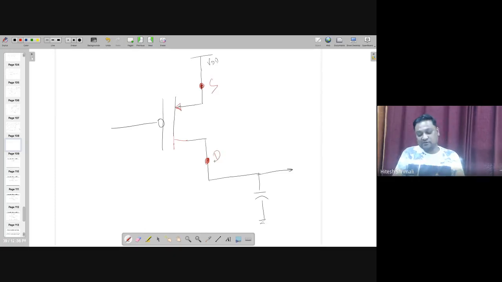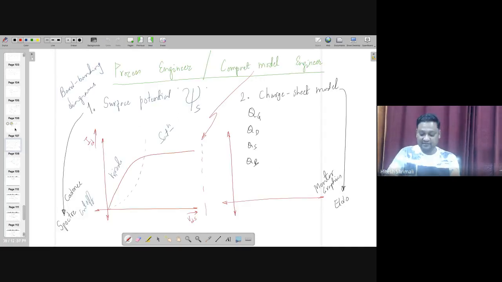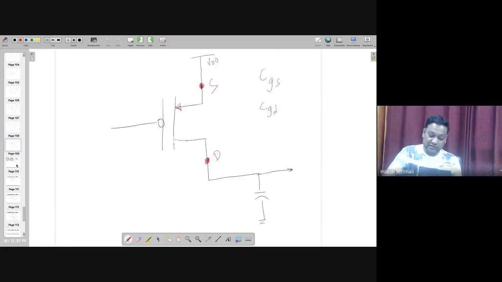Not only because the source is written over here, but in the model file, the CGS, CGD, or all the capacitances associated with the source, are associated with this particular node only. If you replace it, your circuit will work, everything is fine, but you cannot find the problem.